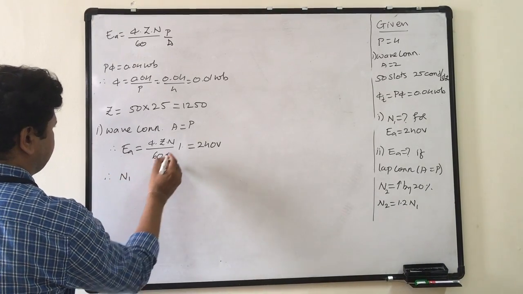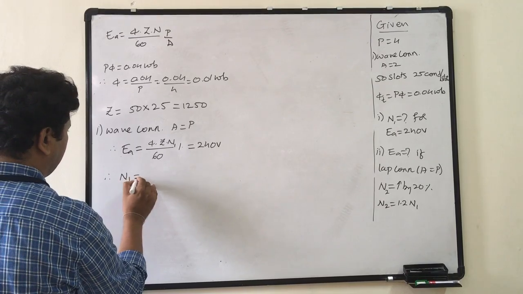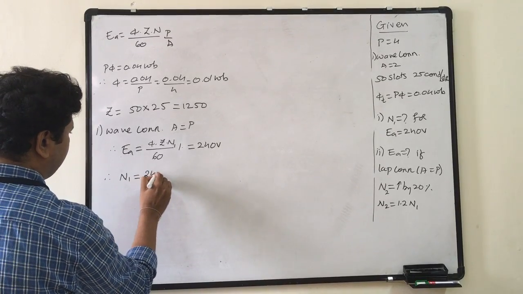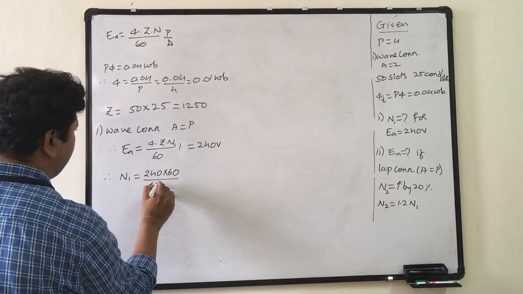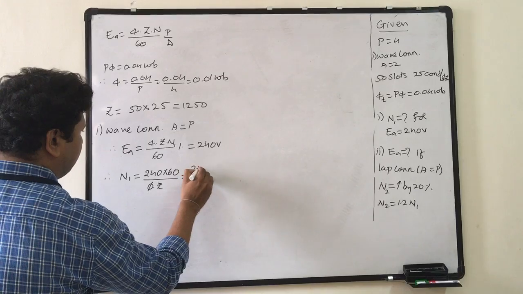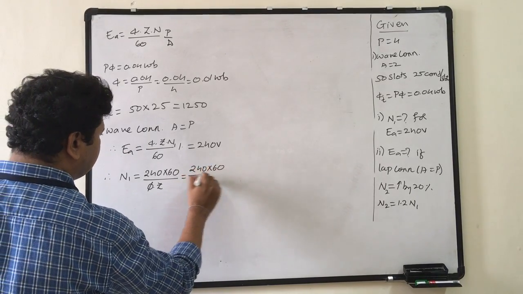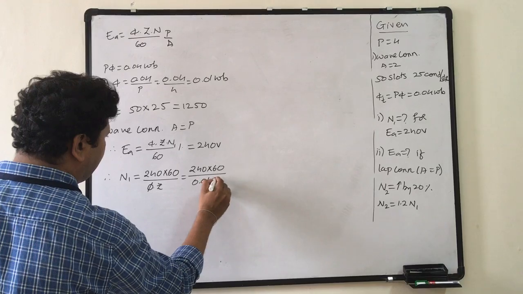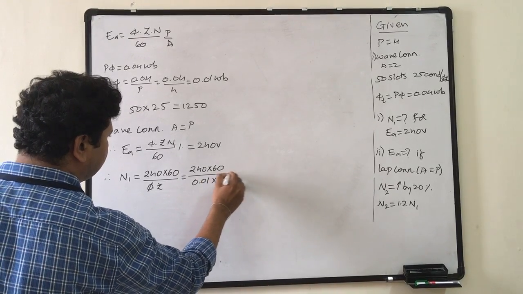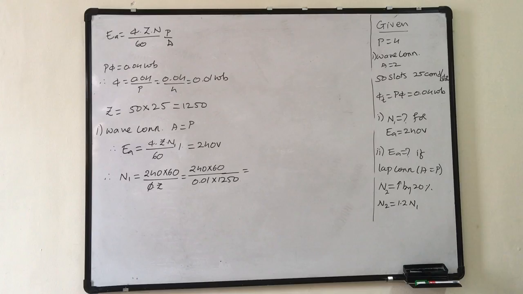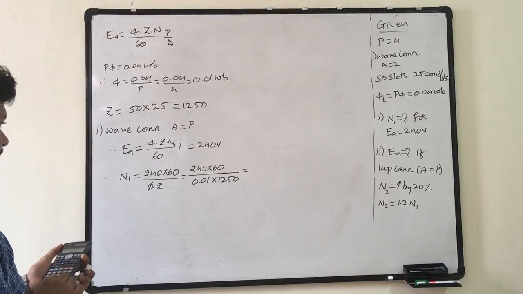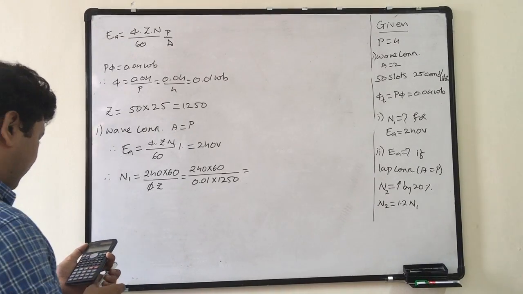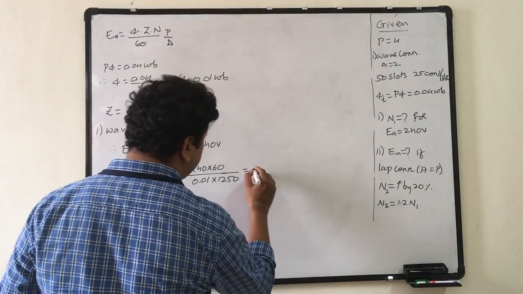Therefore N1 is equals to 240 into 60 divided by phi into Z. That is 240 into 60 divided by 0.01 into 1250. So this comes out to be 1152 RPM.